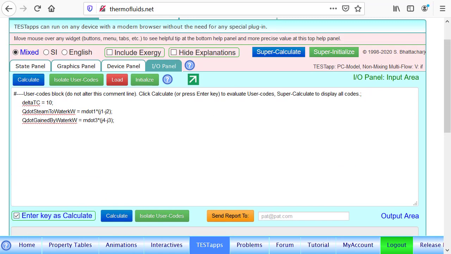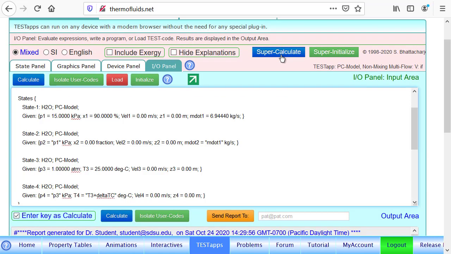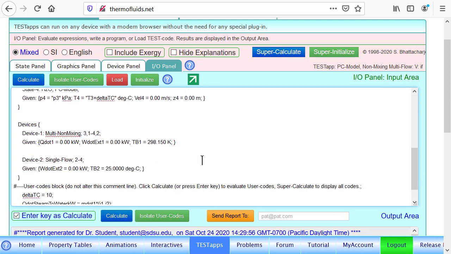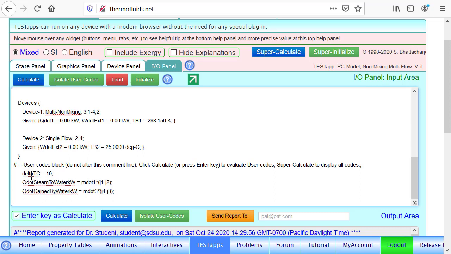Of course, you can do a super calculate to get all your results together, which will first give you the test codes that have been generated, and then your own code, which we call the user codes, delta TC being the parameter. So for instance, another question was, how will the answer change if delta TC is different?